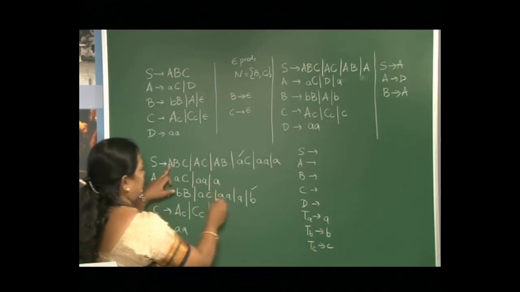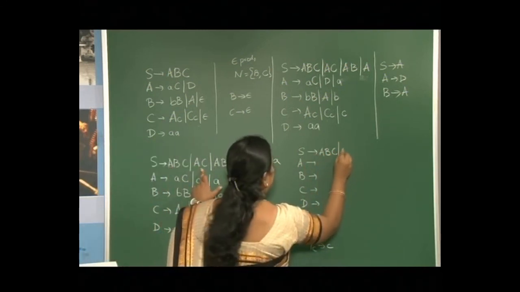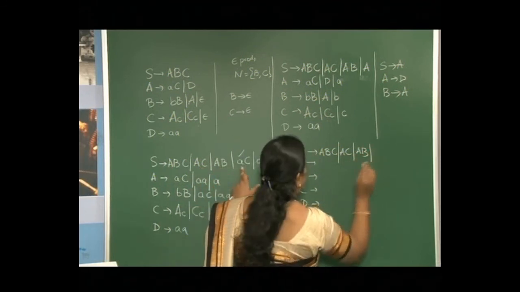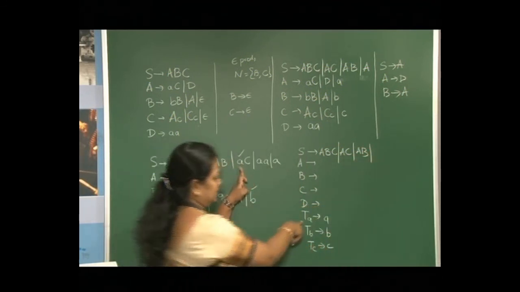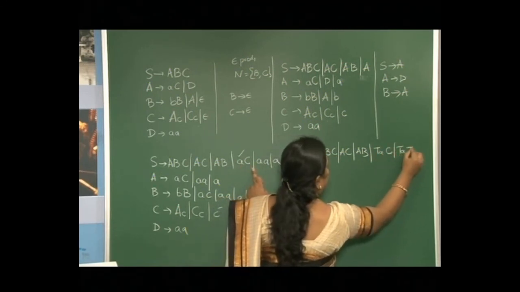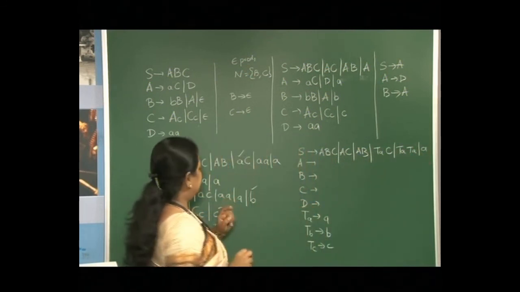And now what to do? S tends to ABC as it is. It's already in CNF form, AB. Then A is replaced as TA, TAC or TATA or A, because S tends to A is already in CNF form.